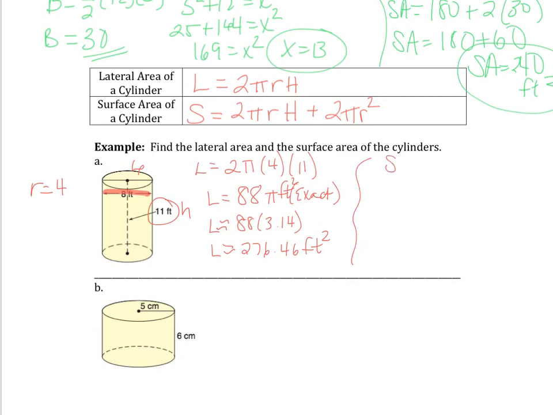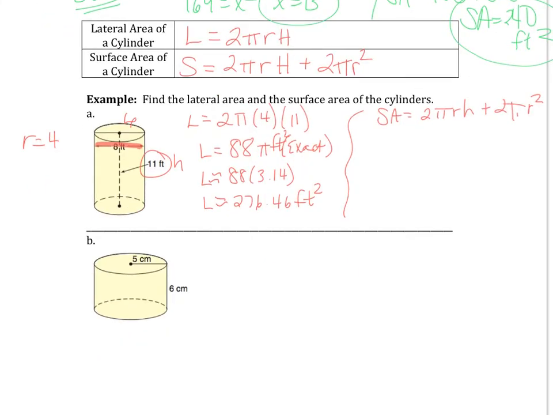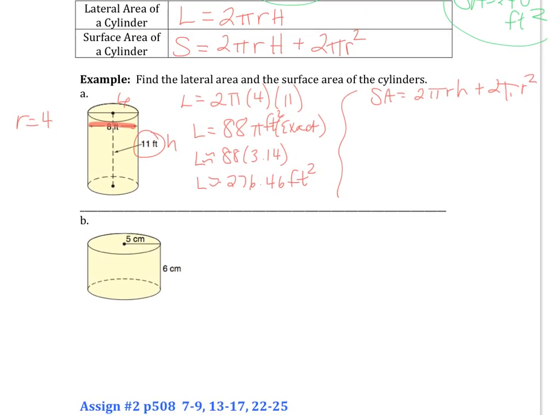All right, so for surface area, again, we're going to use that formula, so 2 pi r h plus 2 pi r squared. So surface area here, we just find that 2 pi r h, so surface area is equal to that. We're going to use the exact first, so 88 pi plus 2 times pi times 4 squared. Simplifying my math here, 88 pi plus 4 squared is 16, 16 times 2 is 32.